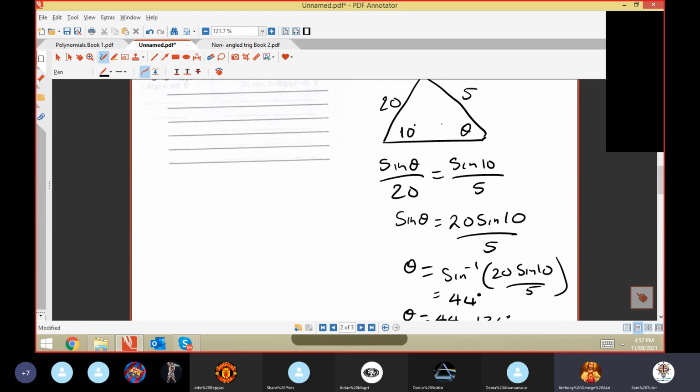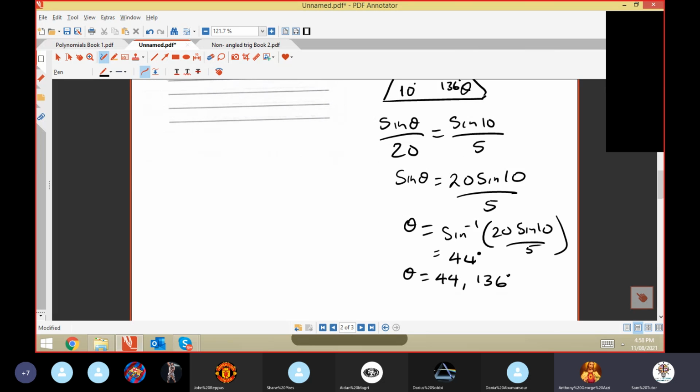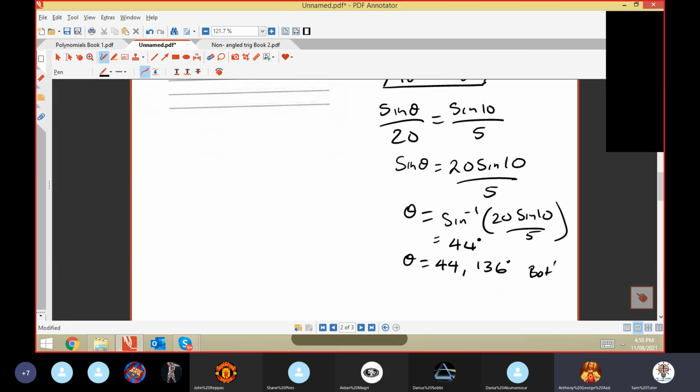Well, it actually would. It can work because what's 136 plus 10? Only 146, which means if this guy was 146, 34 degrees, it actually can work. So guess what? Both answers work.